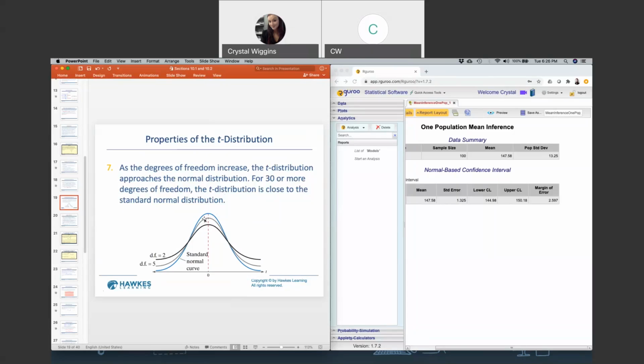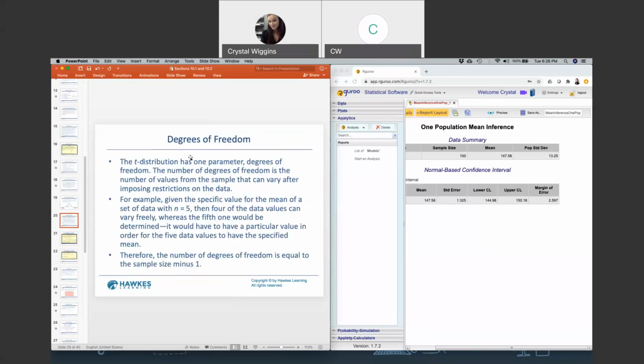So I think of the z distribution as Big Brother and the t distributions as the little siblings that are looking up to Big Brother saying, I'm going to be you one day. And as our sample size gets larger, we get closer to the z. So at approximately bigger than 30, really it's closer to 100, but around 30, our critical values start coming out to be about the same, and therefore we can switch from using these curves with big fat tails to the standard normal once our sample size gets big enough.